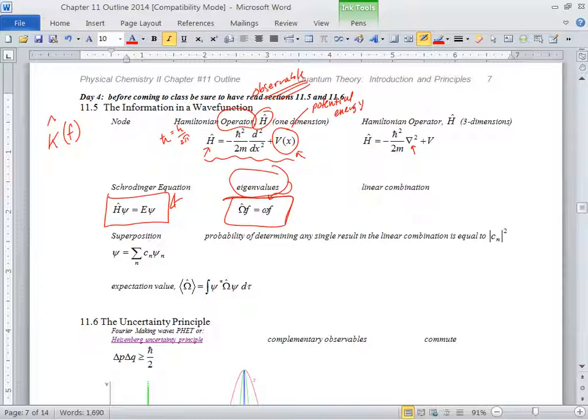A linear combination, all that is, let's say g of x is your big function. Well, let's call it little a times f of x plus little b times, what's after f? G? No, I can't do G. You already made up G. That's h of x. And then little c times i of x plus little d.